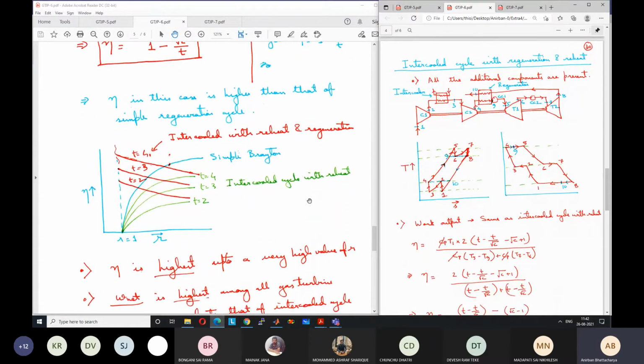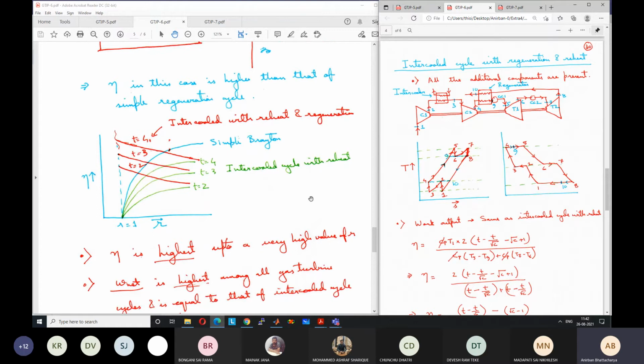Let us summarize before going into the MATLAB plots. Efficiency is highest among all the 8 cycles. We have seen 8 cycles till now: simple Brayton, then Brayton with regeneration, Brayton with reheating, Brayton with regeneration and reheating. So that is 4 cycles.